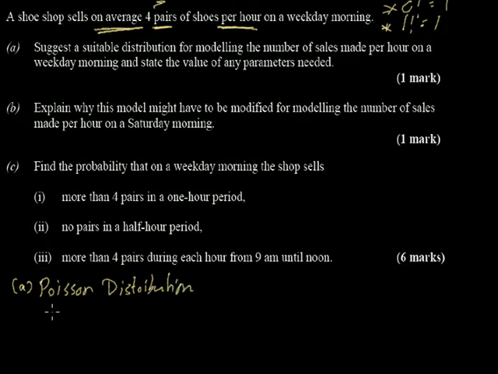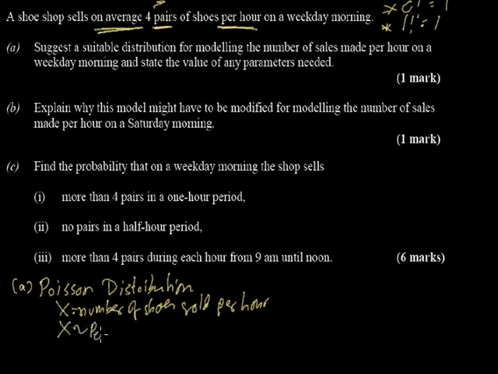The next thing for definition of the distribution is x equals number of shoes sold, now the unit per hour. Now the distribution is going to be Poisson, and per hour 4 shoes are sold, that's the average, so 4. So that's the parameter, 4 is the parameter.